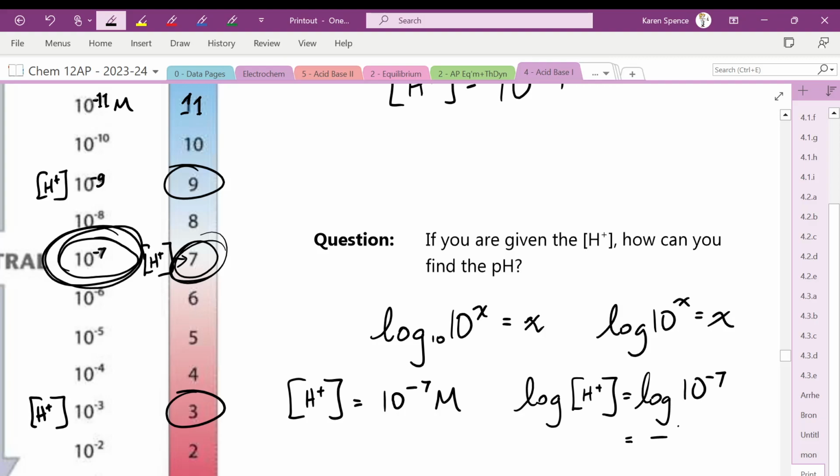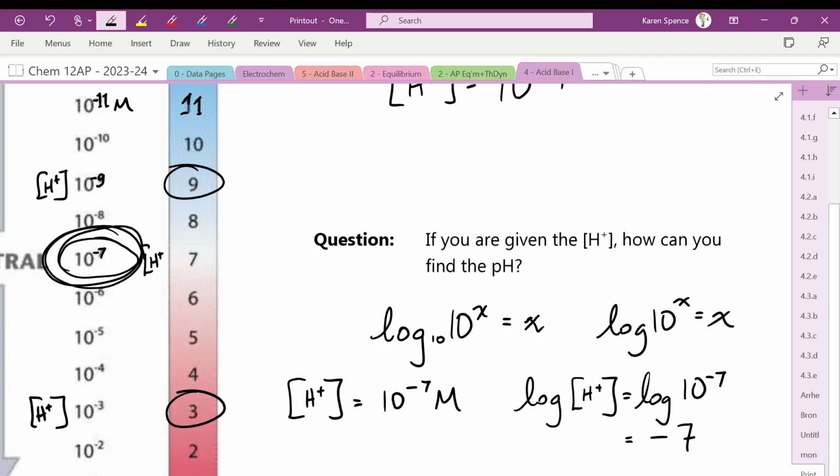Negative 7. Is that the pH? Is the pH negative 7? No, the pH is 7. So what would we have to do to this? I don't want negative 7. What do I want? Positive 7. How do I change from negative to positive?